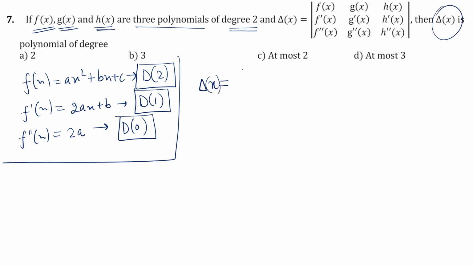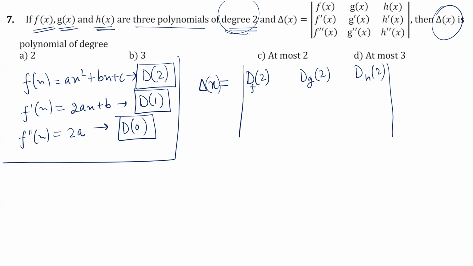I will write f(x) not as f(x), but as a polynomial of degree 2. And then let's call this g(x). So I can call this df of degree 2, this dg of degree 2, because they have given that g(x), h(x) are also polynomials of degree 2.